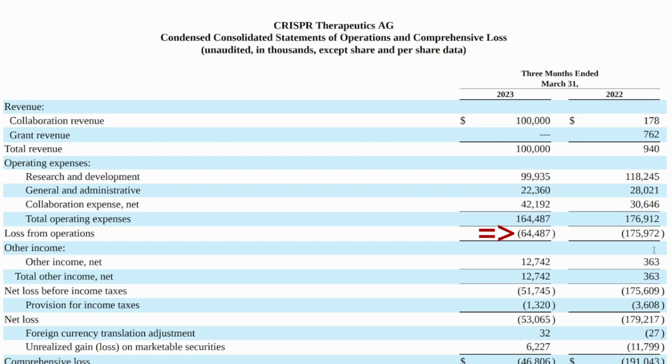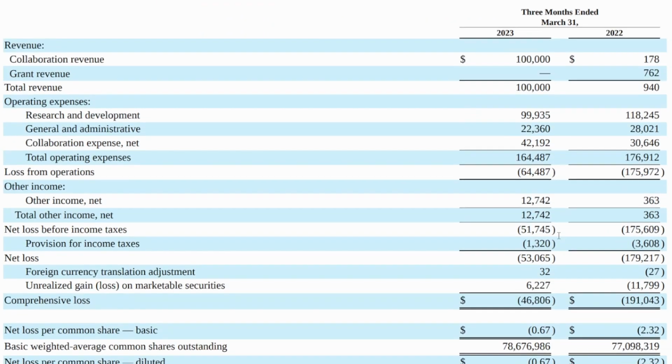You shouldn't really do this with money-losing companies, but if we were to consider this number and this number, that means we have decreased our loss and increased our revenue by approximately 70%. That's a 70% revenue growth in 3 months.